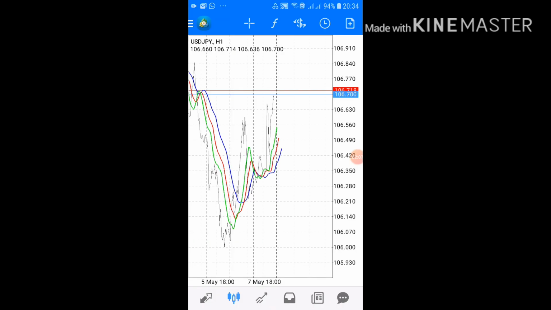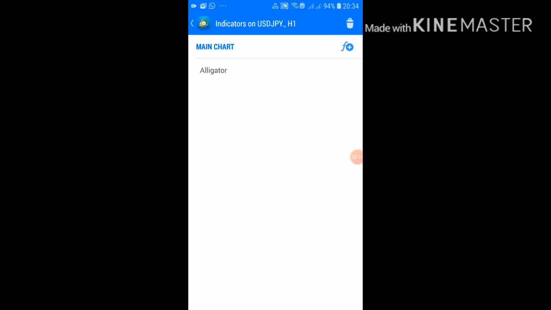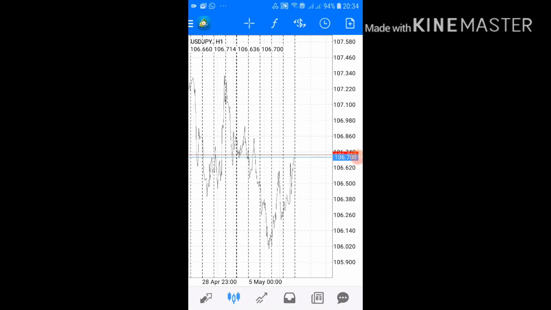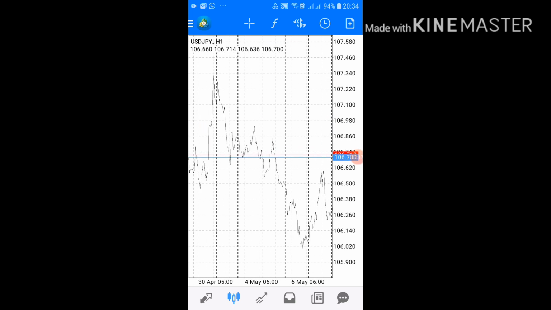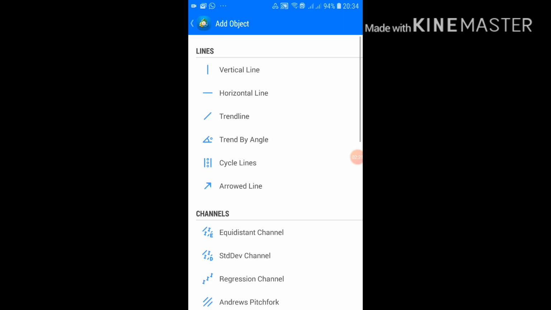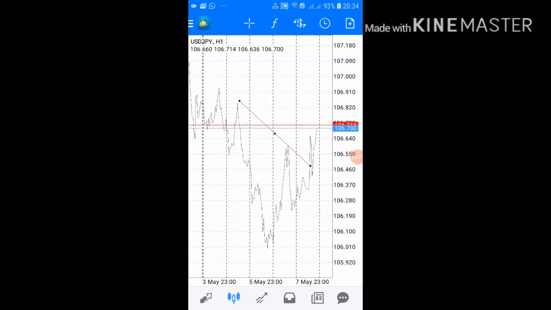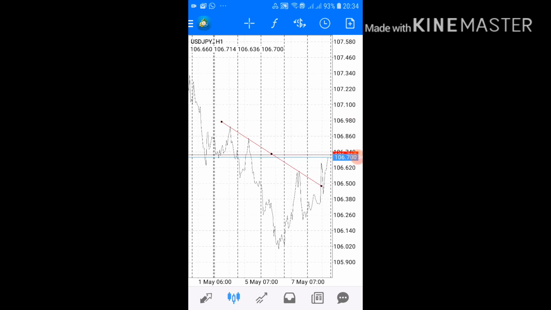So you have it like this. It might be a bit confusing with all this, my alligator. So let me take out my alligator indicator so you can see it clearer. So great. So this is it. Just add up the trend line, any points from the highs to the highs. It just takes 2 highs to get your trend line.